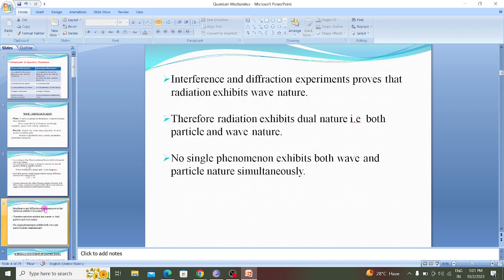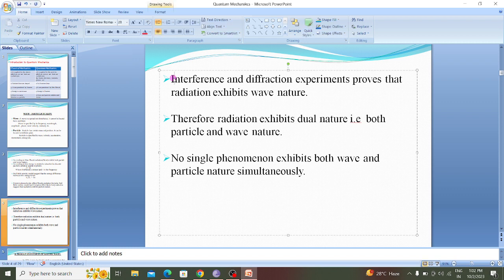Next, which experiments prove that a wave exhibits wave nature? For example, which experiments prove that light exhibits wave nature? You might have studied in intermediate Young's double slit experiment, which is based on interference.